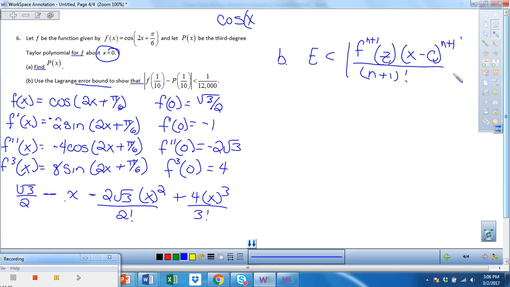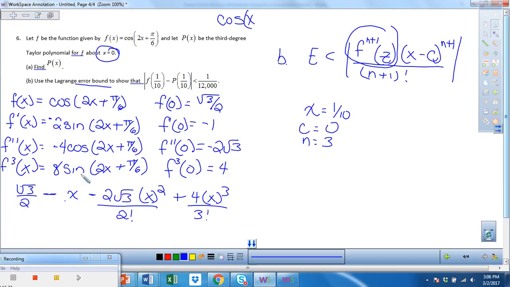So once again, we have to figure out what this is, because we know x. X in this case is 1/10. C is 0. And n, since we took the third derivative, n is 3. So we need to know this ugly guy, what's going to maximize that.